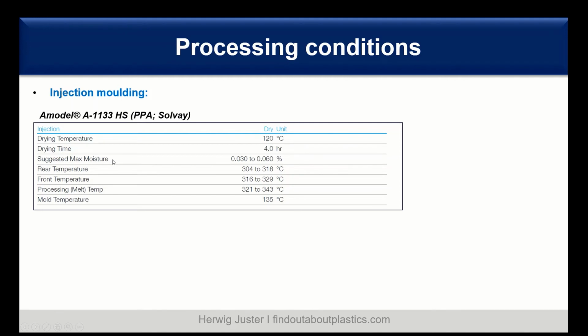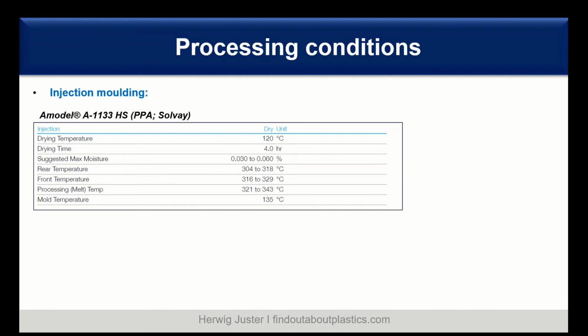the compound before you start molding. So it's in this case 0.03 to 0.06. So in this range, not below and also not above, but right there, it's good for your molding operations.